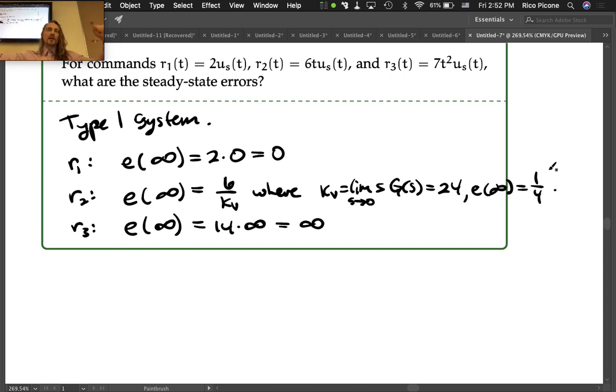So you do have to be a little cautious about that. And you can have errors that are greater than 1. For instance, if instead of a 6 times a unit ramp, we put in 100 times a unit ramp, this error would be greater than 1. So it's actually an absolute value. It's not a percentage.